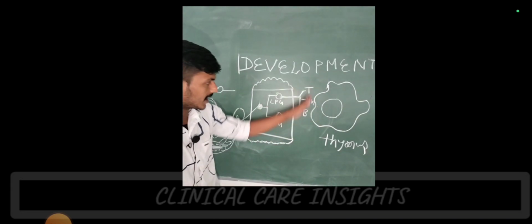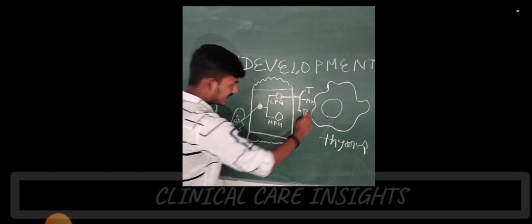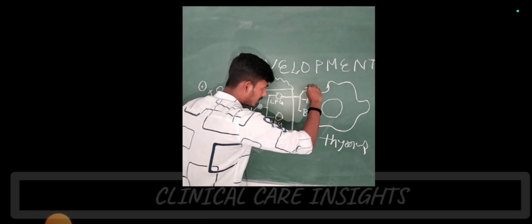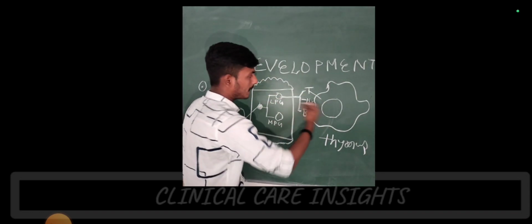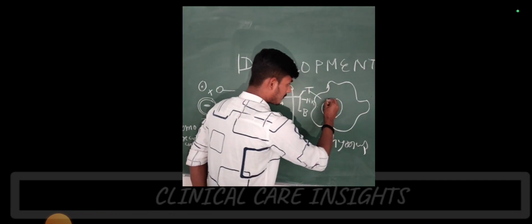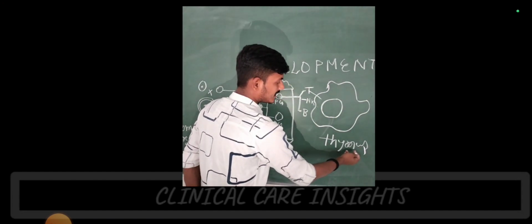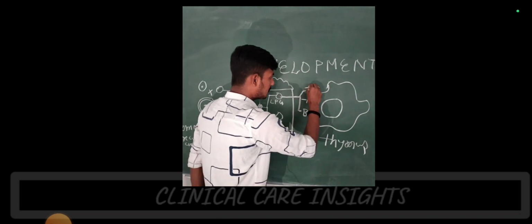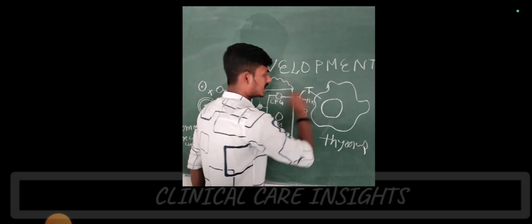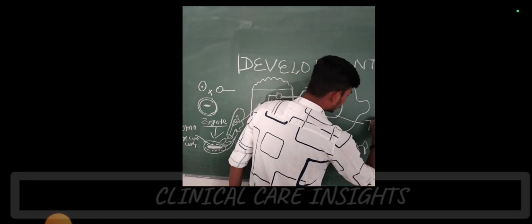Among these cells, the T lymphocyte goes to the thymus, and there, by the activity of thymosin, or we can say the thymus releasing factors, these premature or unprocessed T lymphocytes get processed and become developed T cells.